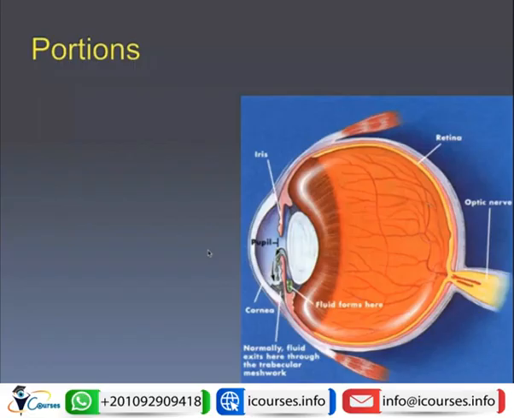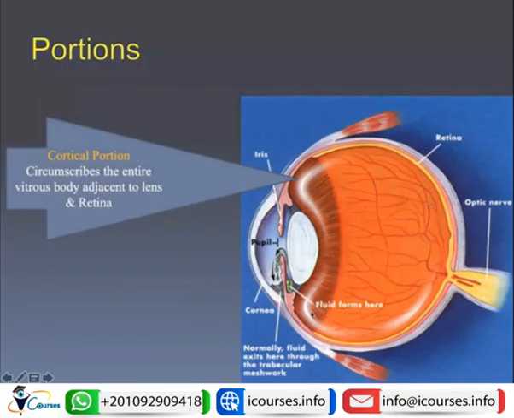The vitreous is formed of mainly two portions. As we said, the peripheral portion is called the cortical portion, which is the outer boundary of the vitreous gel. It is adherent to the internal limiting membrane of the retina, loosely, as we said. It is also adherent to the lens at the area of the anterior hyaloid fossa.